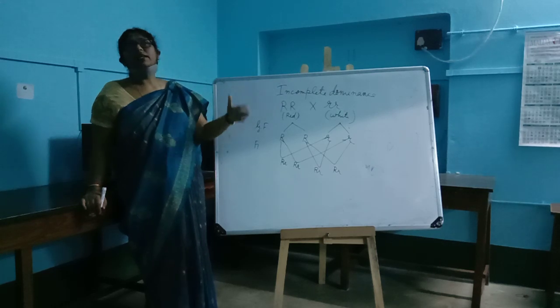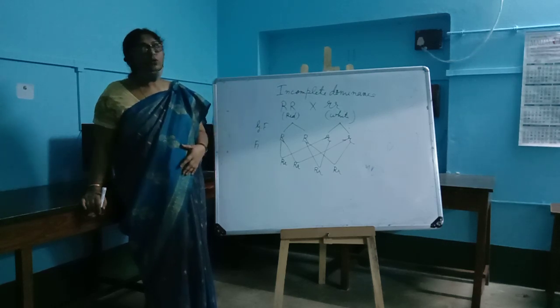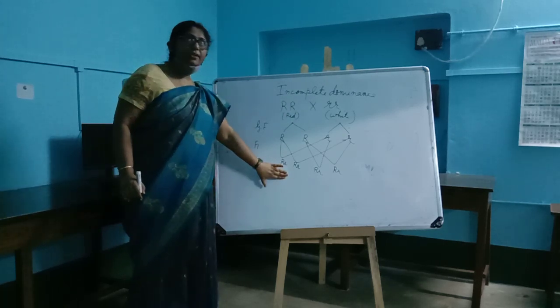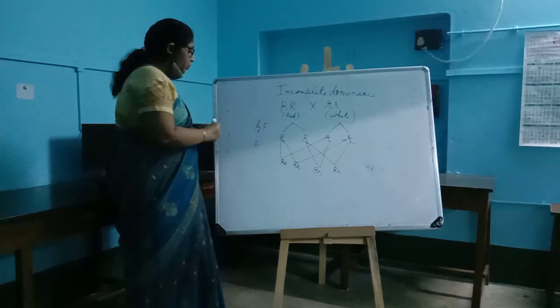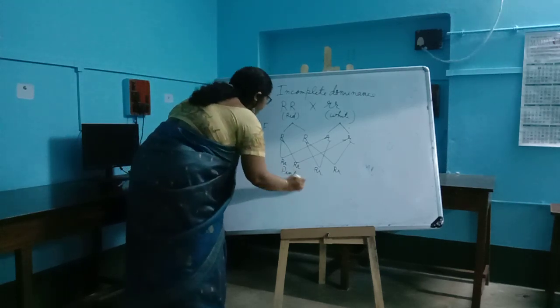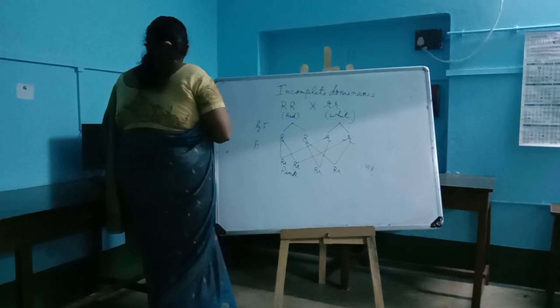But the way you work it out will be the same as you work out a monohybrid cross. So if you continue with this, they are heterozygous, but they are pink flowers. So they will produce pink flowers. This is the F1 generation. Now we will go to the F2 generation.